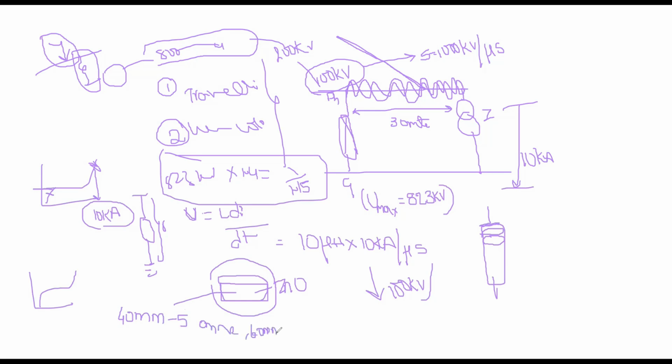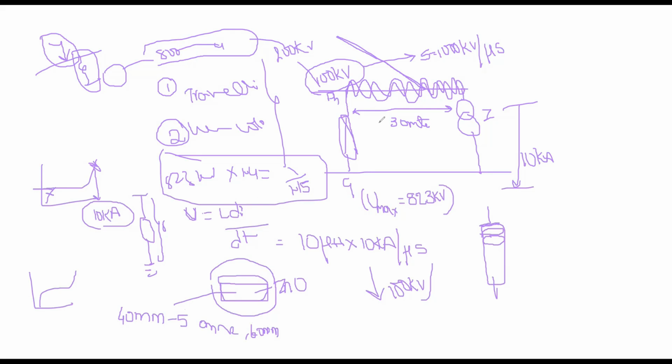So we have a wide range of metal oxide resistors in terms of diameter, nearly 20 mm to 45 mm. So we have to select based on the energy absorption capability of my lightning arrestor.